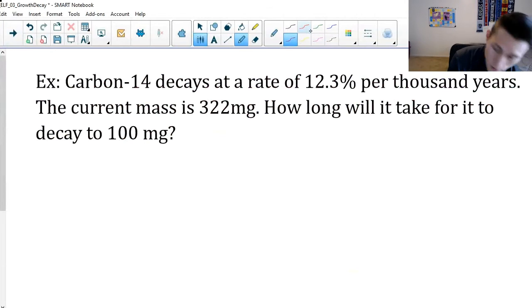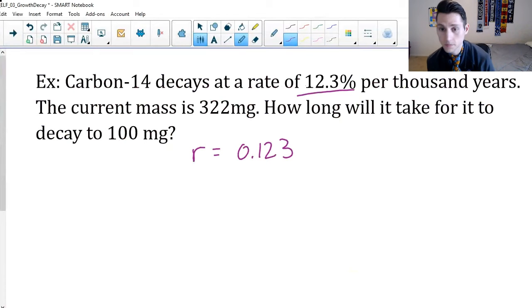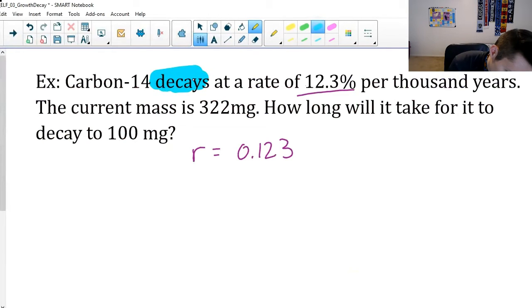All right, so let's just write out our information. This decays at a rate of 12.3%. I don't want to write the percent, so let's write it as a decimal. Now, the other thing that's super important: this is talking about decaying.